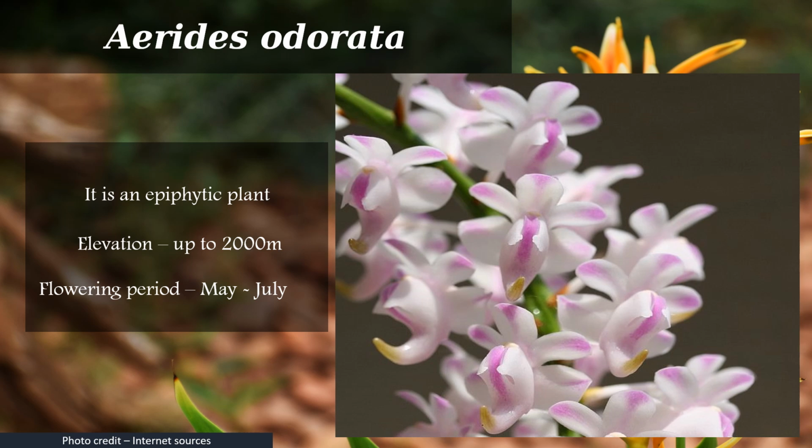What makes it more beautiful is that the fragrance brings many more pollinators to pollinate it also. So I can always say that orchids are very much important to the forest areas. So let's move to this, the fragrant fox brush orchid, as in the common name.